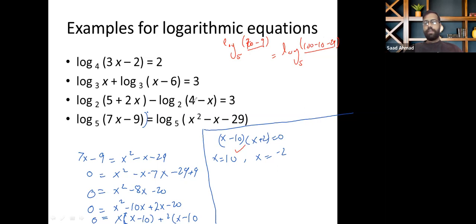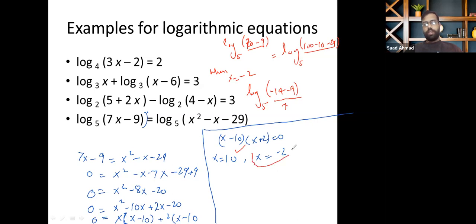Now let's try x equals minus 2, right? So when x equals -2, I get, and 7 times -2 is -14, -9. So you see this one is negative now here. Log of -23, which is not possible because we cannot do the logarithms of negative numbers.